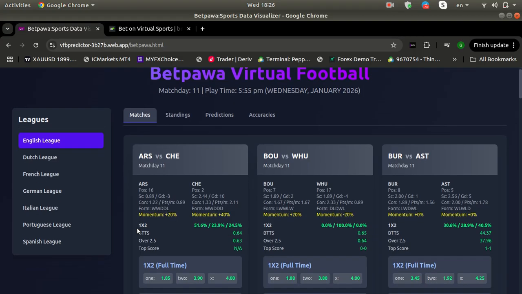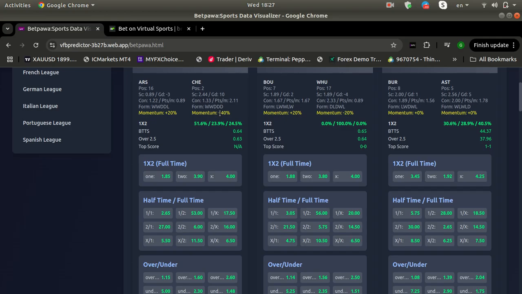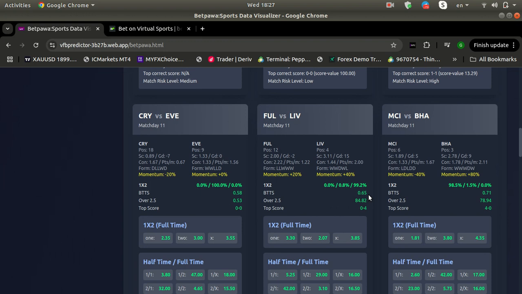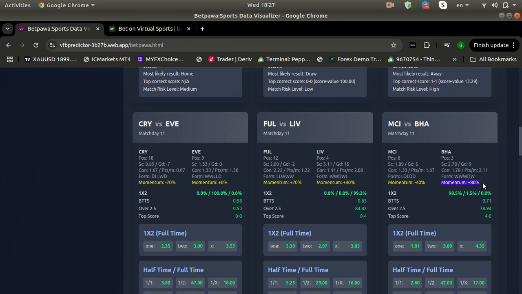If a team has a momentum of 0, it means that it is stable. If it has a momentum of positive, a number that is over 0 to about 40, it means that the team has been improving. If a team has a momentum of greater than positive 40, for example like this team, it means the team is hot. It's like on a winning streak.